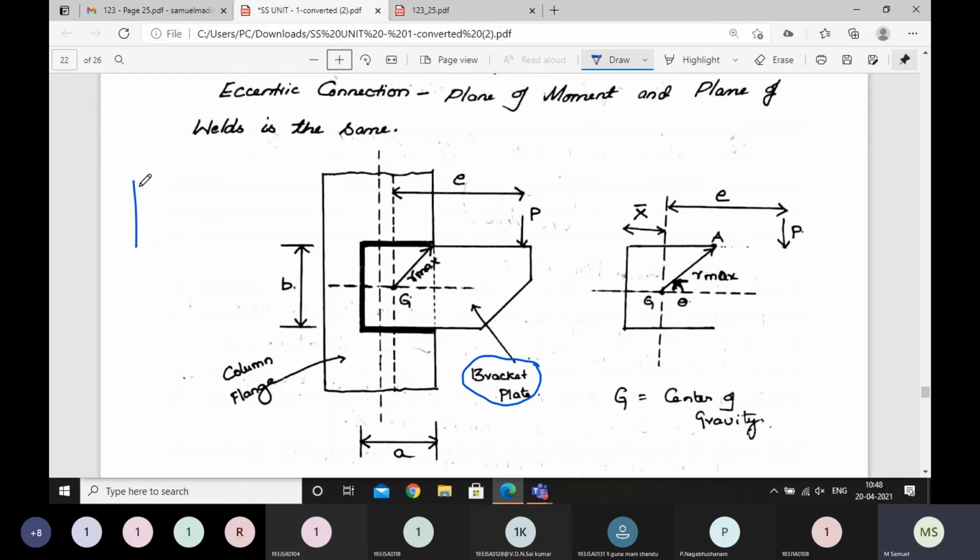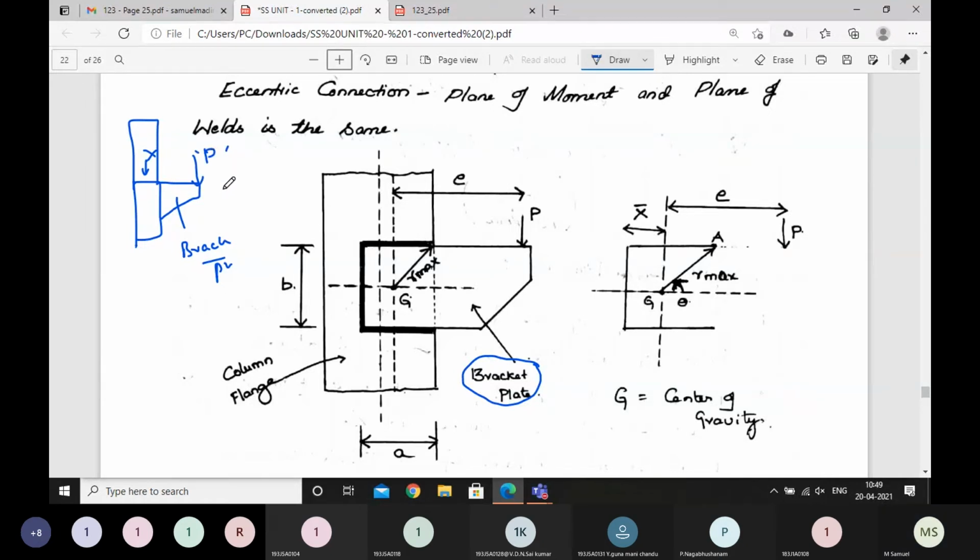See, there is a beam, for example, here, and a column here. This is the column, and there is a load that you need to apply on this column. You cannot apply the load directly here. So what you do is you put a bracket plate, and you apply force P on this bracket plate.